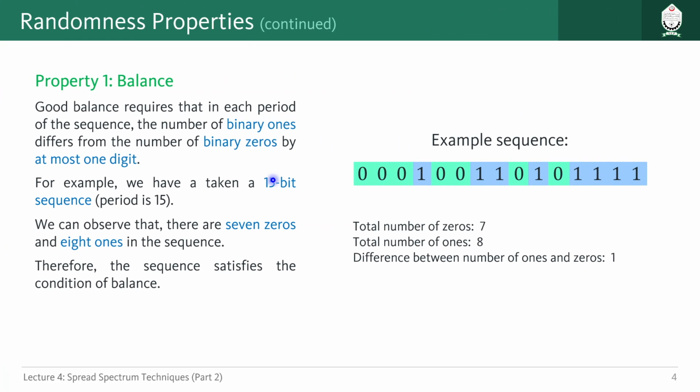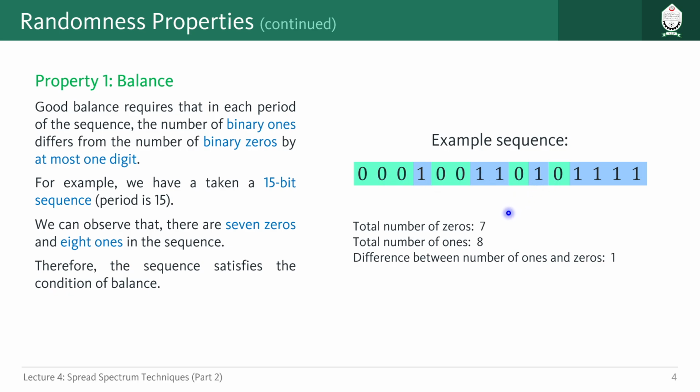First of all, let us start with property 1, the balance property. In this property, all we are saying is that for our sequence, the number of binary ones should differ from the number of binary zeros by at most 1 digit. If you look at this sequence, you can see the number of zeros is 1, 2, 3, 4, 5, 6, 7.